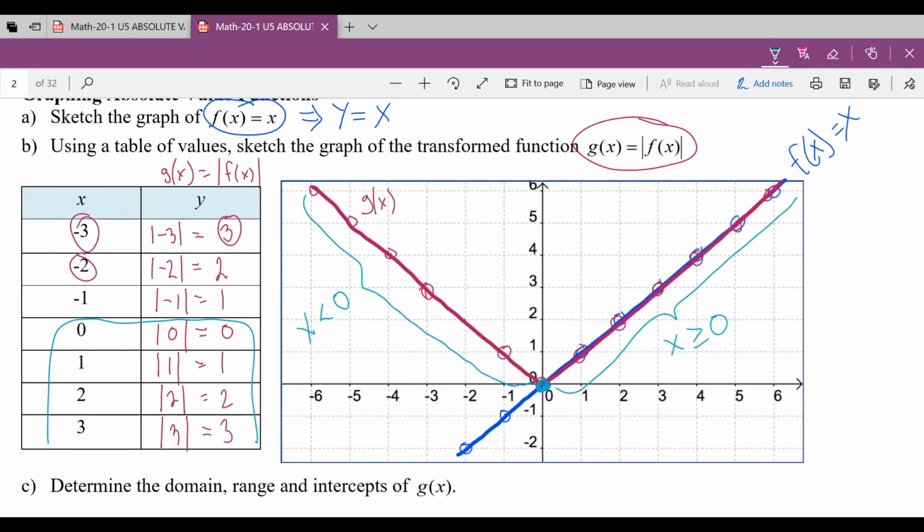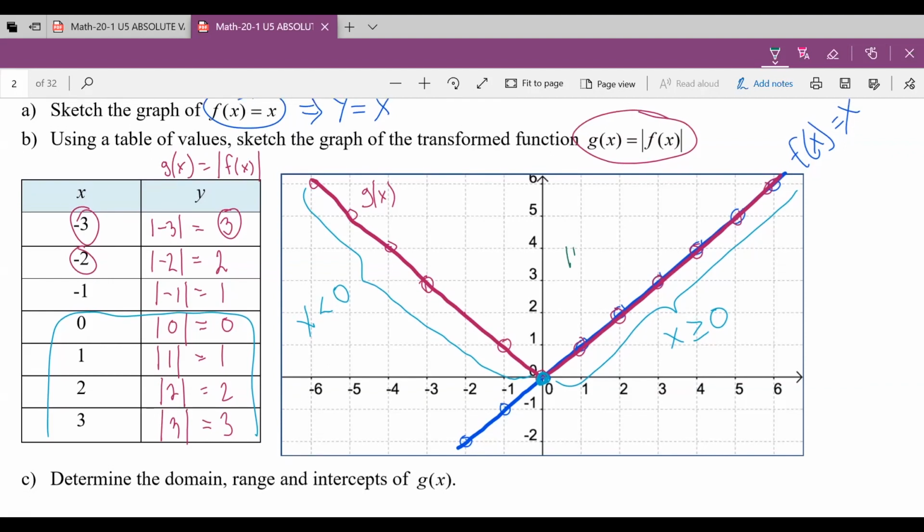So let's take a look at these two parts and try to figure out what we call them. This is the part here where x is greater than or equal to 0, right? It includes 0, and it's unchanged. The absolute value graph is the same as the graph of the regular function. And because the points don't change, we give them a name. We call these invariant points.